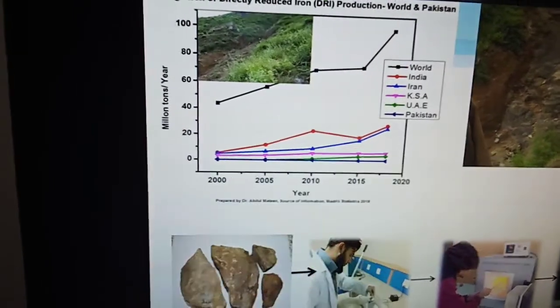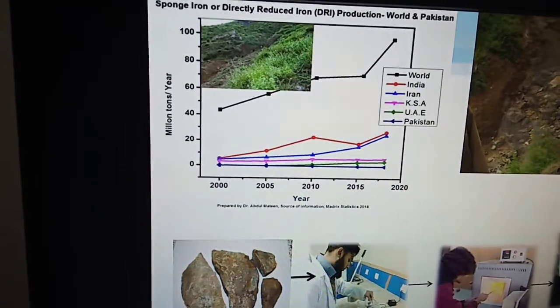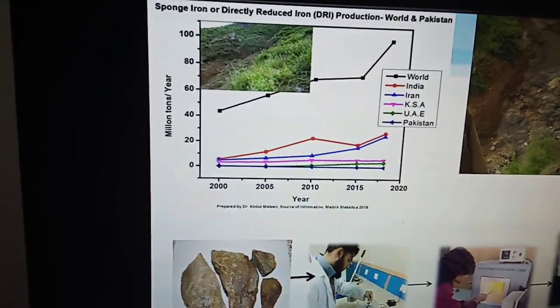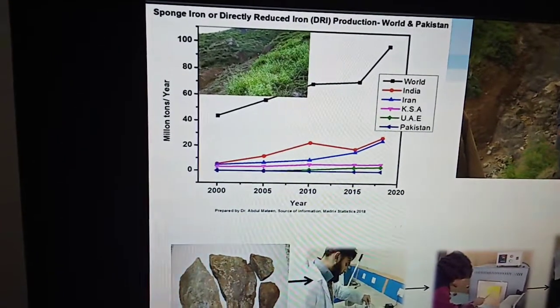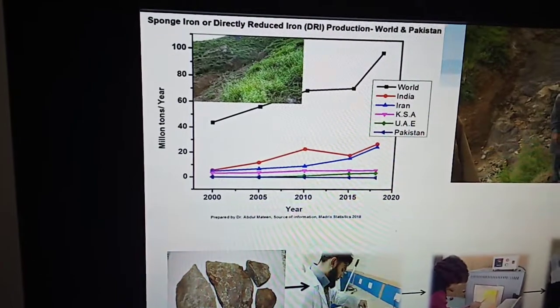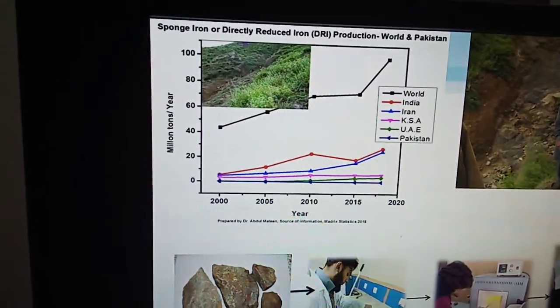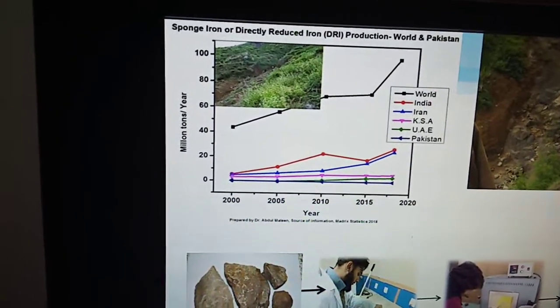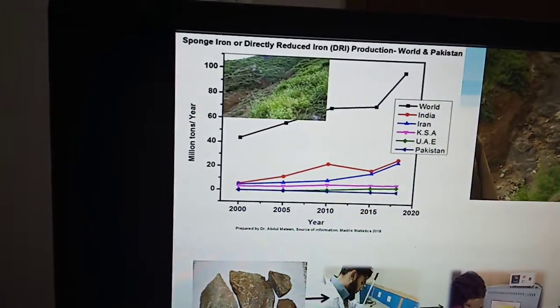China is producing iron, but China is using the pig iron production method. The reason is that pig iron can be produced on a large scale. So where large scale production of iron is required, pig iron production is the better method.